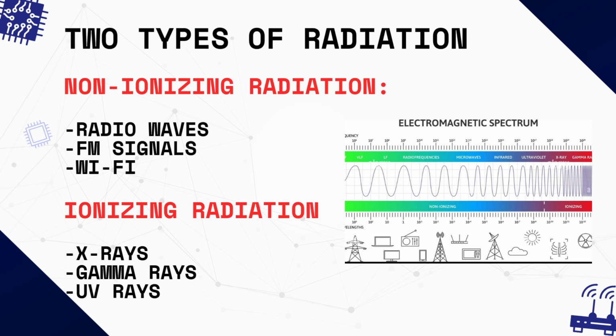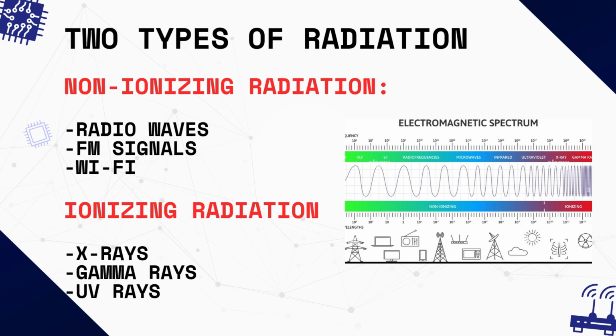They don't have enough power to damage cells or break DNA bonds in the human body. And ionizing radiation includes X-rays, gamma rays, and cosmic rays. These forms of radiation carry much higher energy and may become harmful with excessive exposure because they can damage human cells.